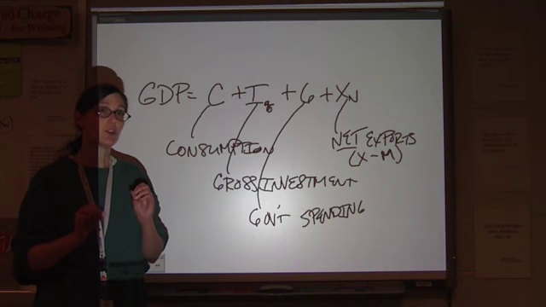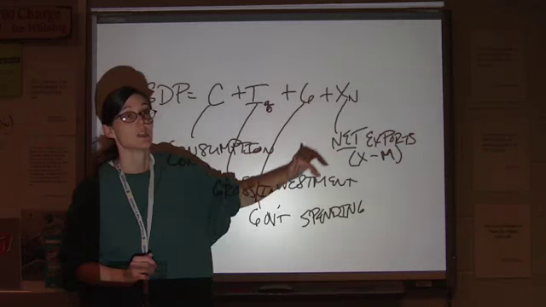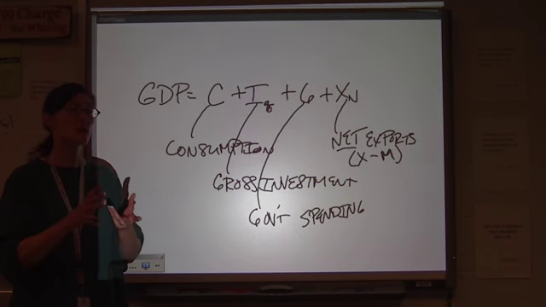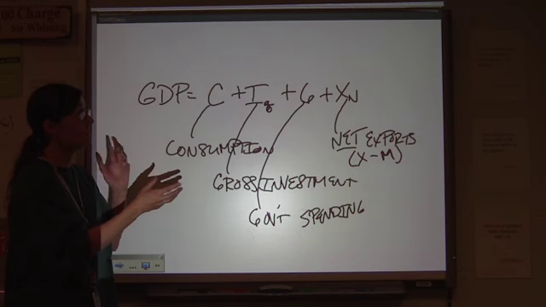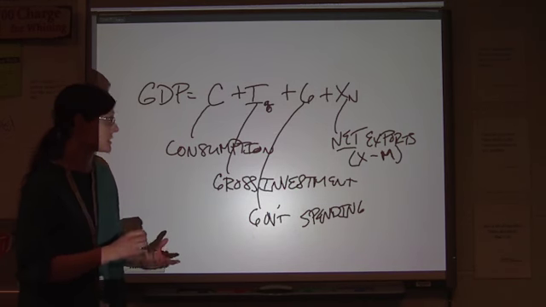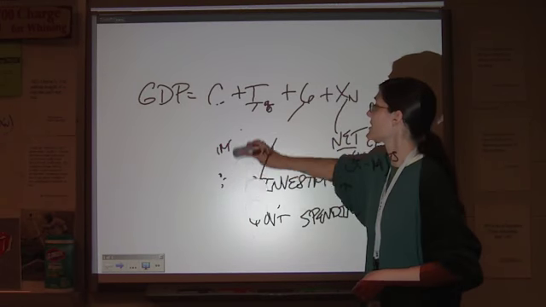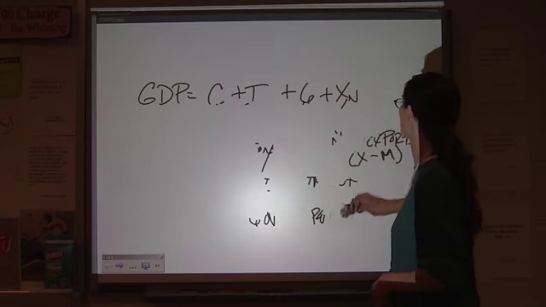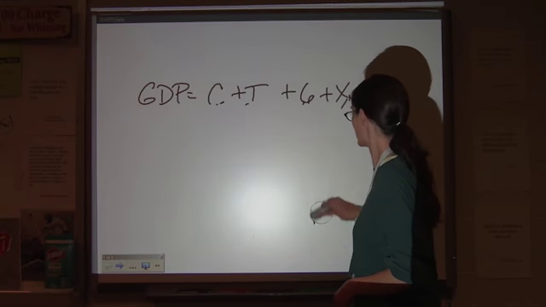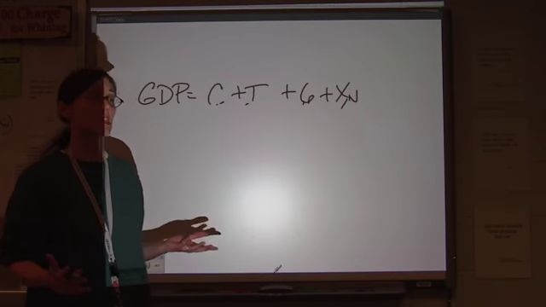Now, the other thing that I want to do with this is take these components and build what's called the aggregate expenditures model. This is not something that most econ books will do at the same time, but I think it'll make more sense if we build it in pieces. And we're going to start with consumption because it is the biggest one. So, how do you graph consumption?